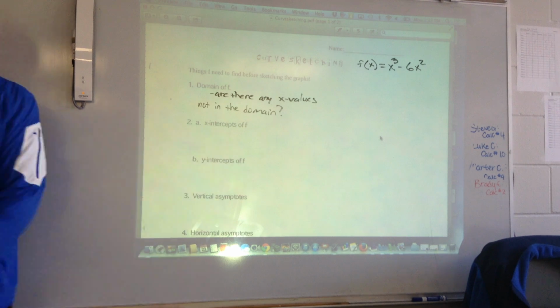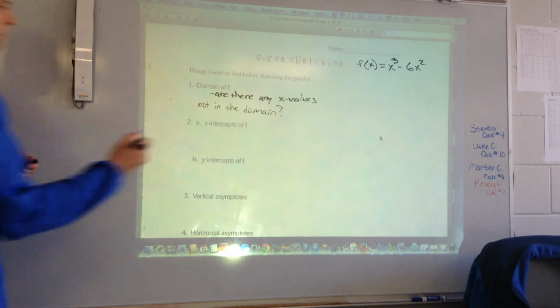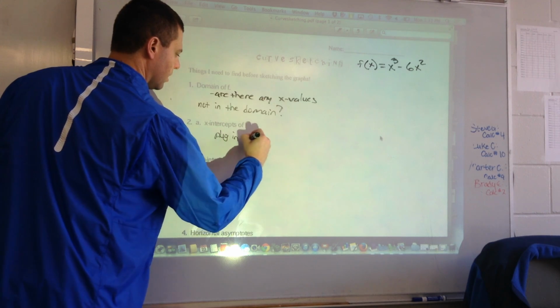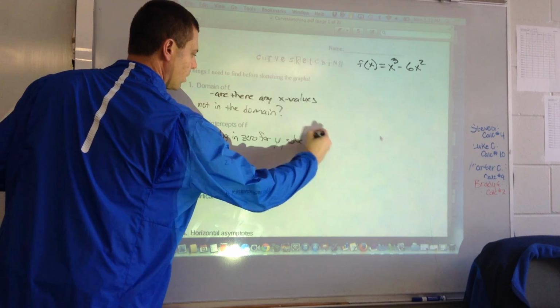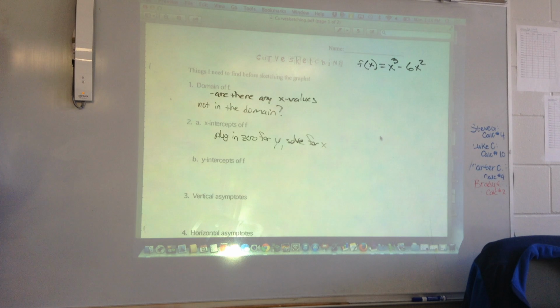X-intercepts. How do you find x-intercepts? You plug in 0 for y, solve for x. So 0 and 6.